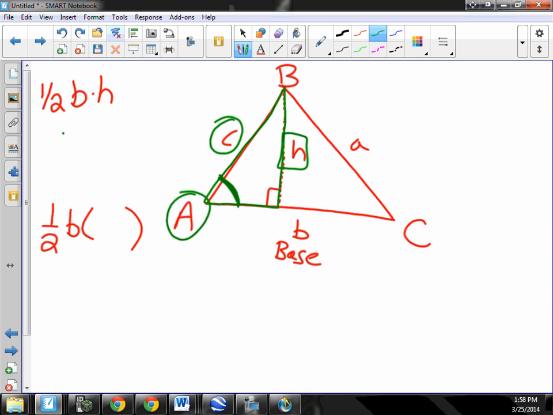Sine of A equals h over c. So solving for h gives me c sine of A.